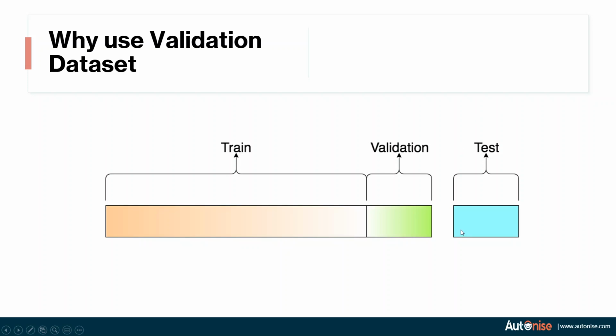So to take care of this problem, so that the model works well in real life scenarios, we only do the training on the training dataset, we check the accuracy on the validation dataset, and we keep on refining our model.